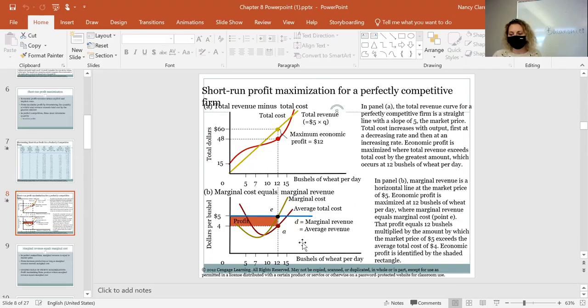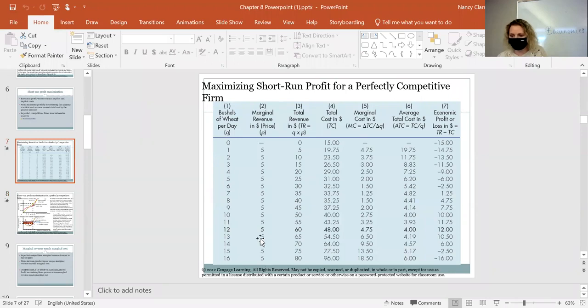Well, in the case of perfect competition, your demand curve is also equal to your marginal revenue curve and your average revenue curve. All three of those are stacked on top of each other here. They're all the same. And if we went back to marginal revenue, column 2, we would see that no matter what the quantity is, our marginal revenue was 5. It's not like that in every market structure.